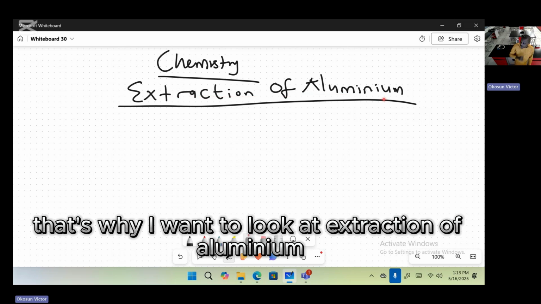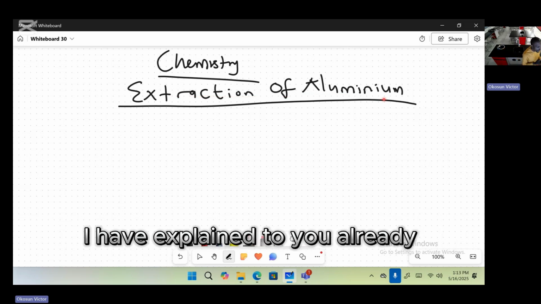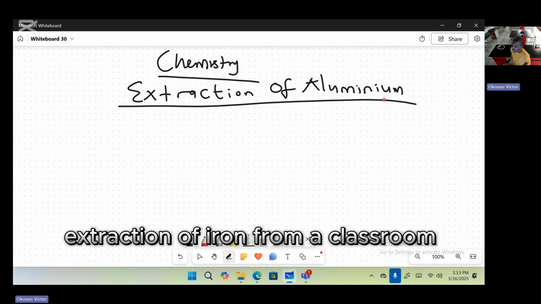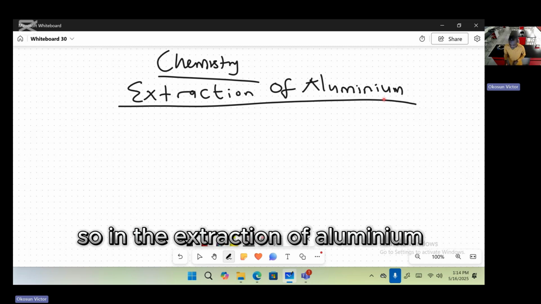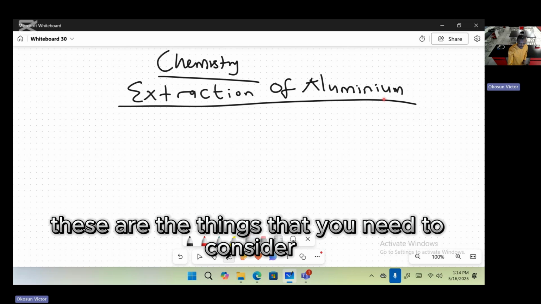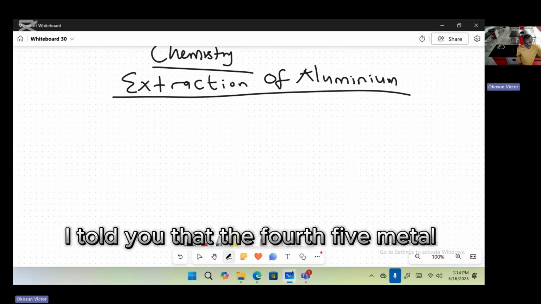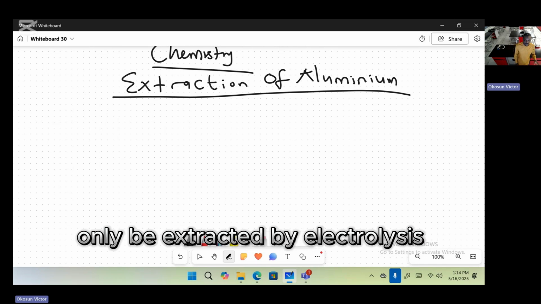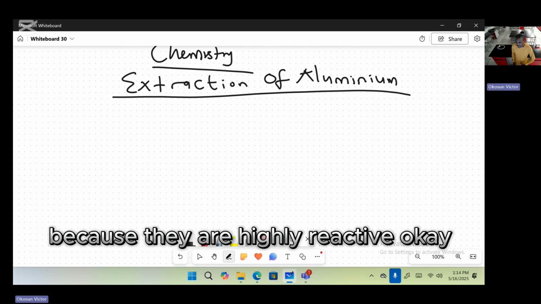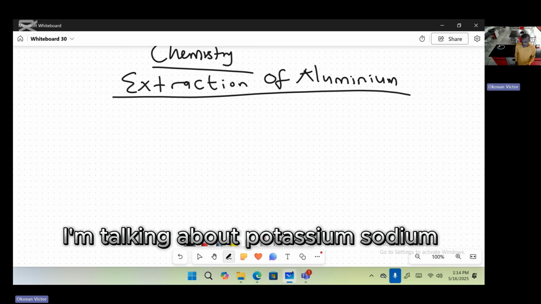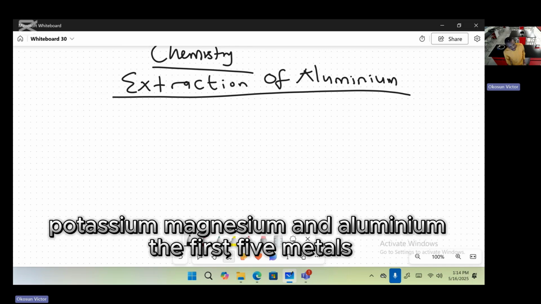Extraction of aluminium. Now, I have explained to you already extraction of iron from a blast furnace. So in the extraction of aluminium, these are the things that we're going to consider. Already I told you that the first 5 metals can only be extracted by electrolysis because they are highly reactive. I'm talking about potassium, sodium, hydrogen, magnesium, and aluminium.